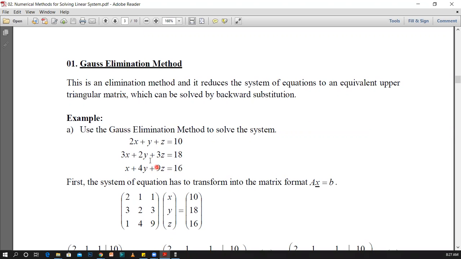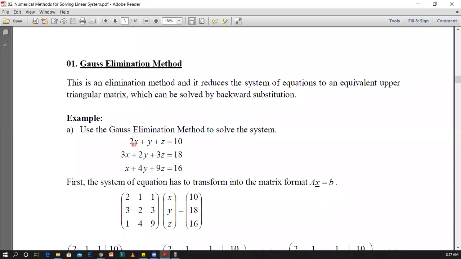If your system of equations is not in this form, first you have to convert it into this format: isolate all the variable terms on one side and send all the constants to the right hand side of the equation.